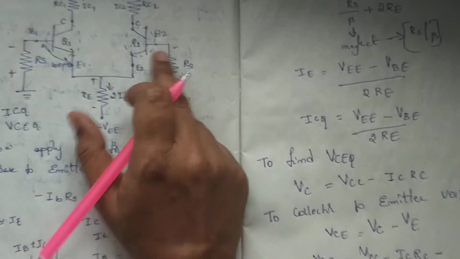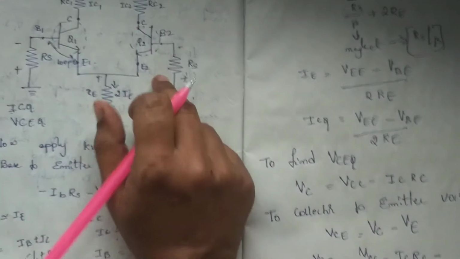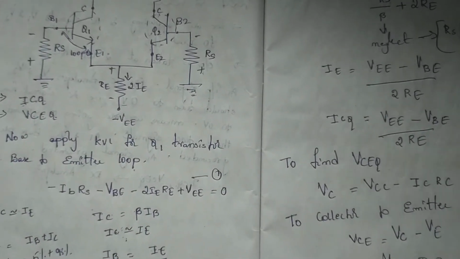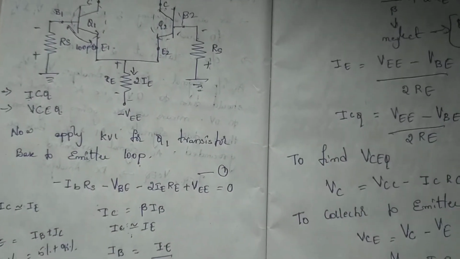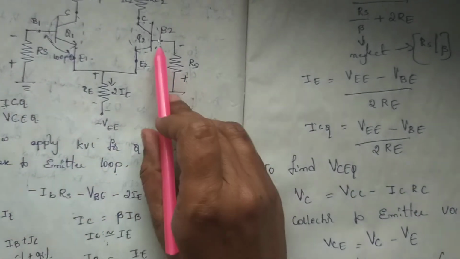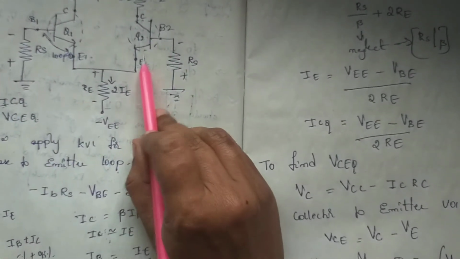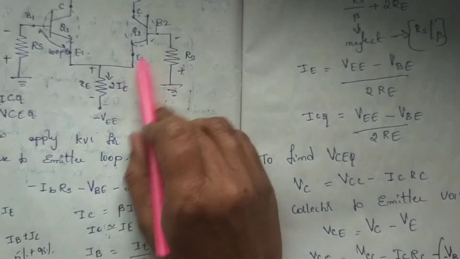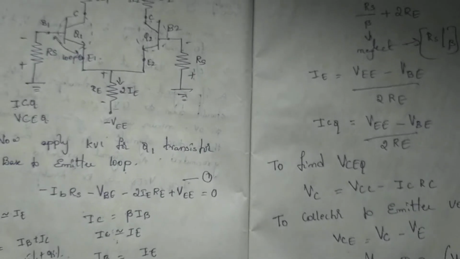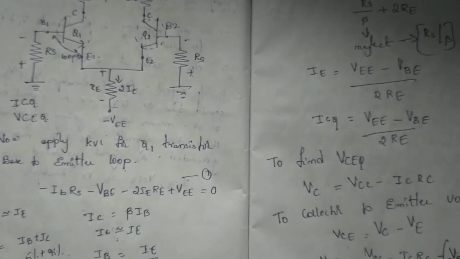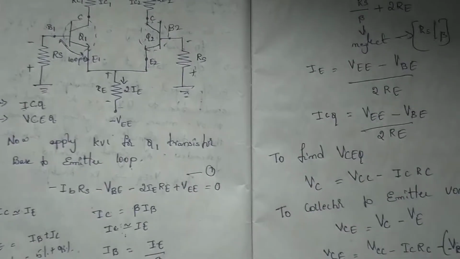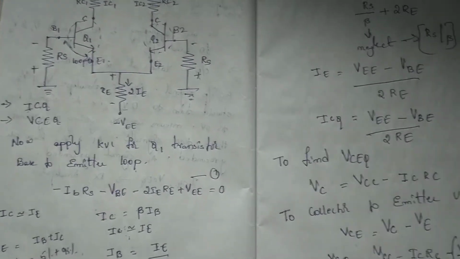VB minus VE is known as VBE. So VE can be written as minus VBE. Why do we take minus? Because this is plus and this is minus, so we take minus VBE. So VCE equals VCC plus VBE minus ICRC.